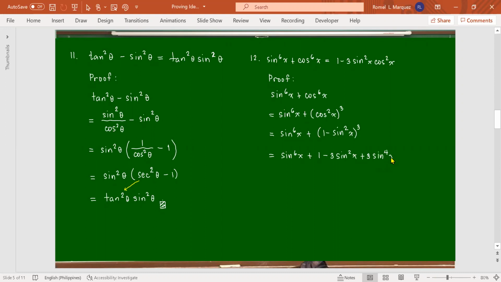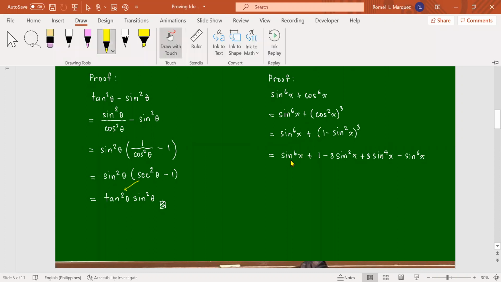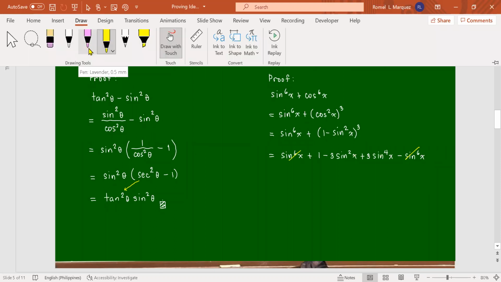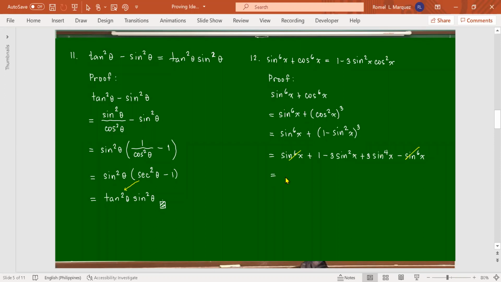So that is sine to the fourth x, minus the cube of the second. So that is sine to the 6. Okay. So hence we can cancel this out. They are additive inverses of each other, so giving 0. We're left now with 1 minus 3 sine squared x plus 3 sine to the fourth x.